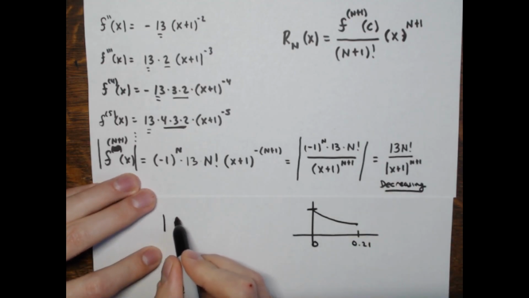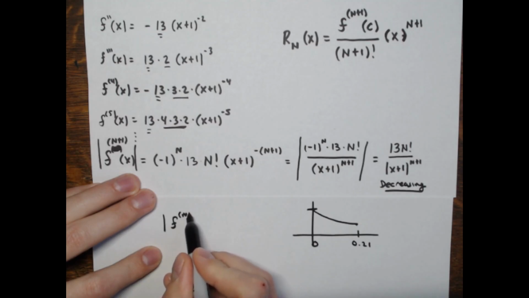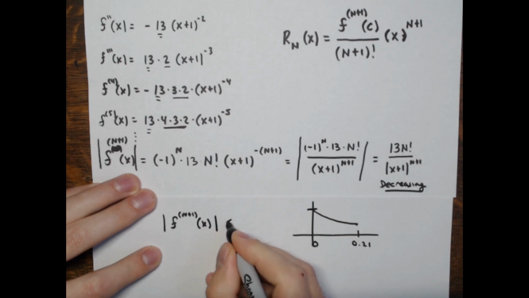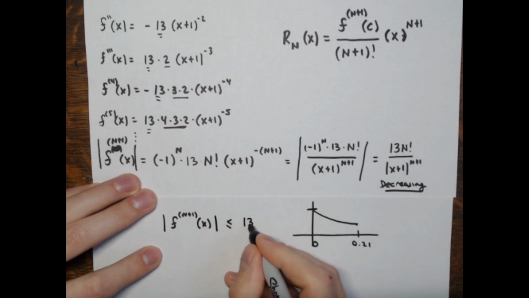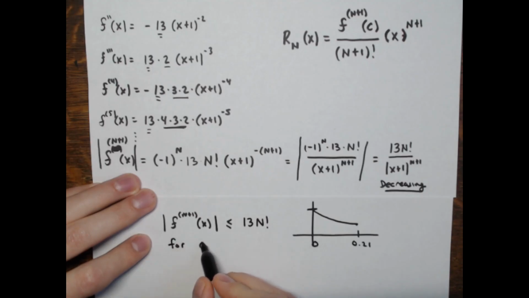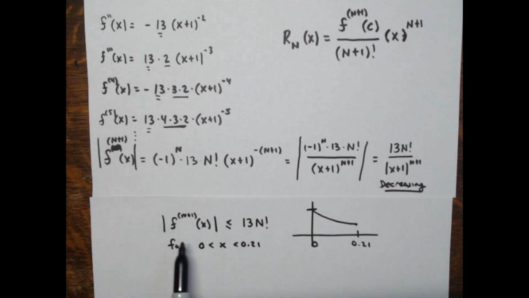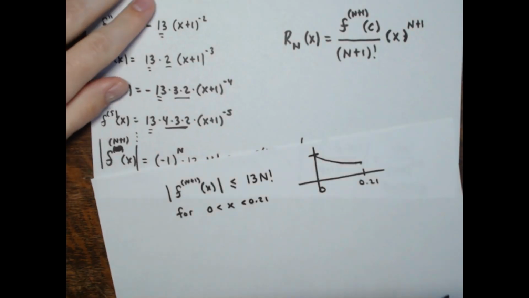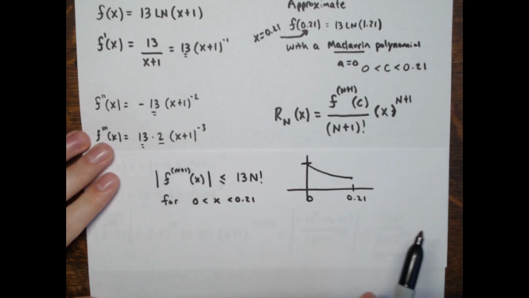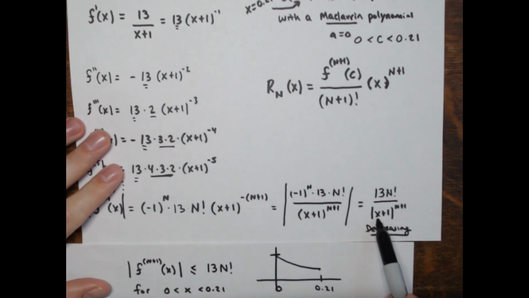So the absolute value of the n plus first derivative at x is less than or equal to 13 times n factorial for values of x between 0 and 0.21 for sure. So I'm going to use that in our error. And so that'll be for any value of c in here. This will be true. Because again, when x equals 0, you got 1 down here.